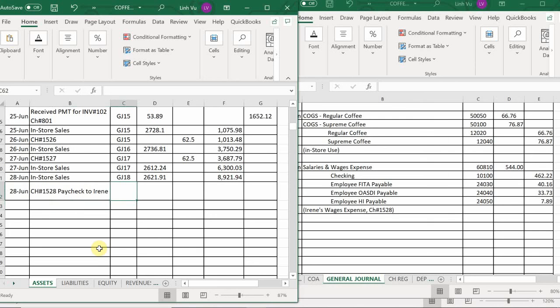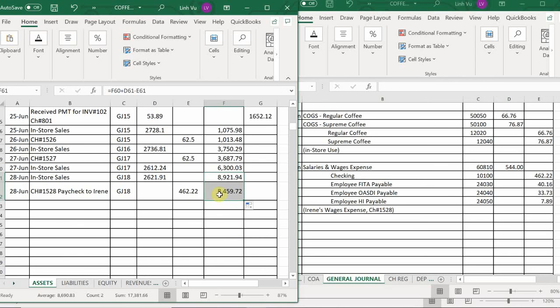General Journal 18 for the amount of $462.22. So how much money do we have left in our checking account? 84.59.72.